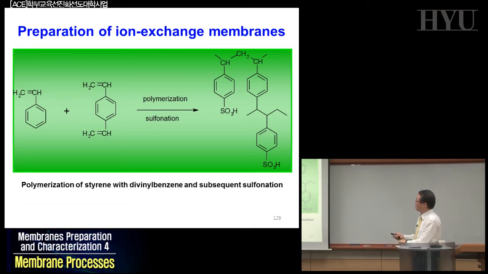In this case, we have CM containing sulfonic acid groups from styrenes. Okay? The styrene can be copolymerized with divinyl benzene. The styrene has a bifunctional group, because the one vinyl group is regarded as a bifunctional, and if you have two of those groups in one monomer, this is regarded as a tetrafunctional.